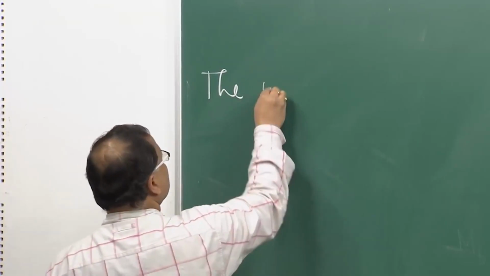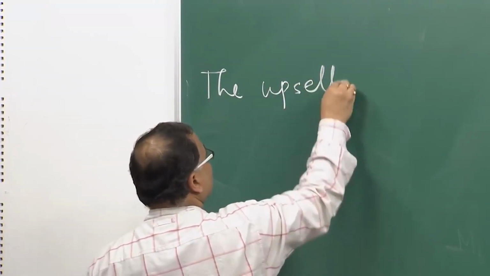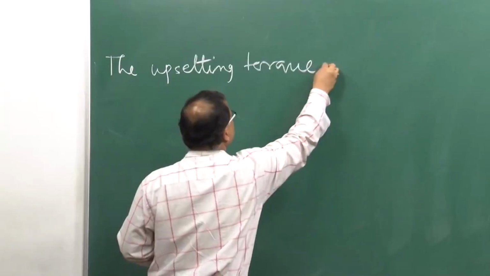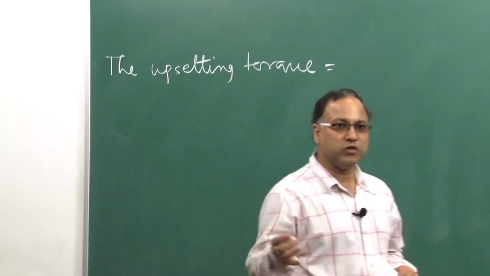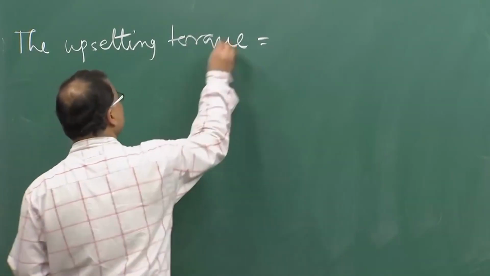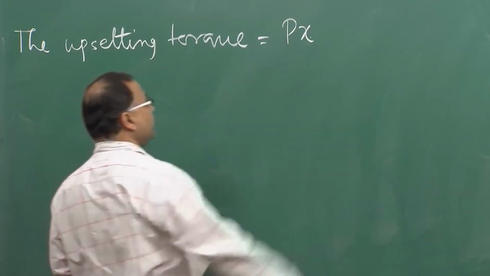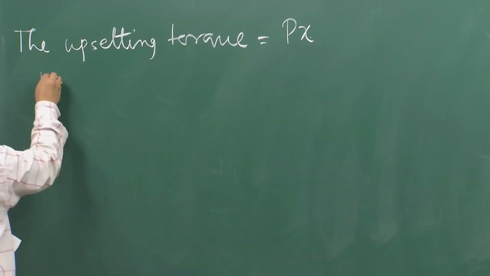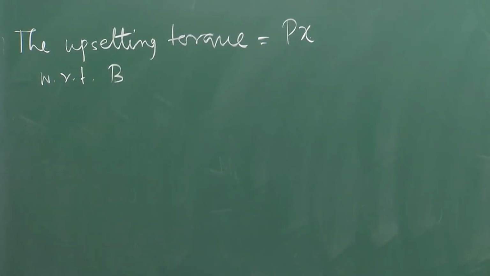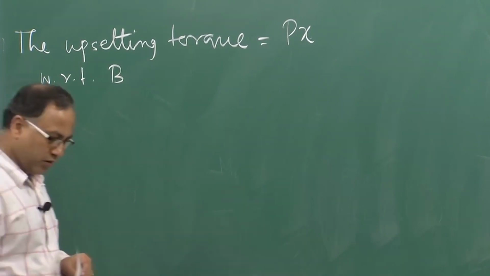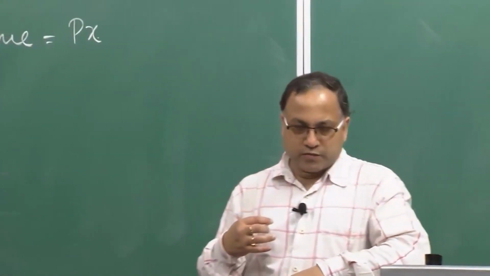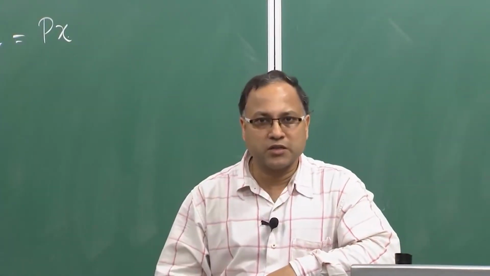The upsetting torque, if you look at the figure, will be how much? That means the torque which will try to cause the instability in the system will be P into x with respect to B. Now, this upsetting torque, or upsetting moment, will be balanced by the restoring moment, or the restoring torque.